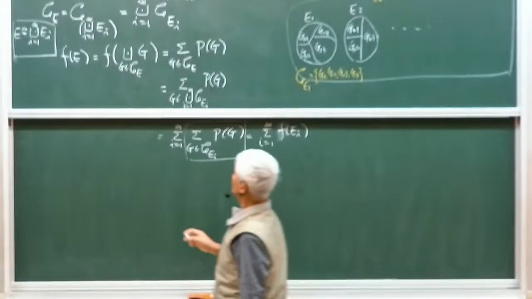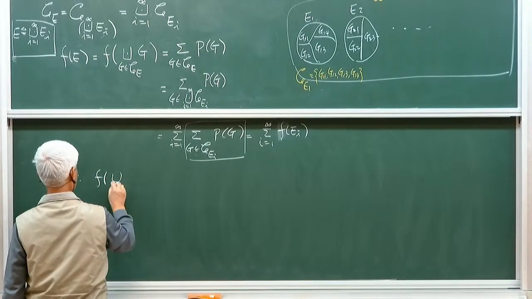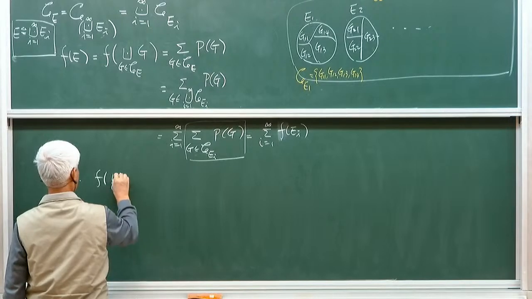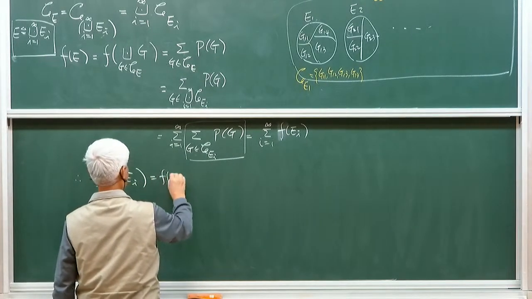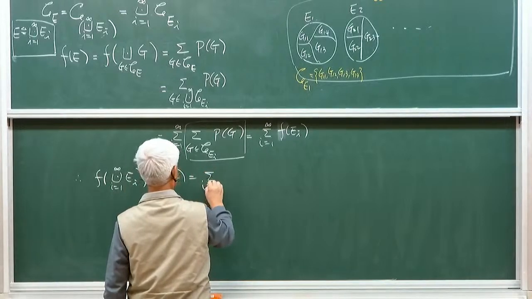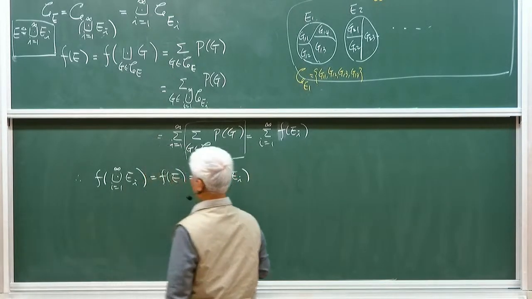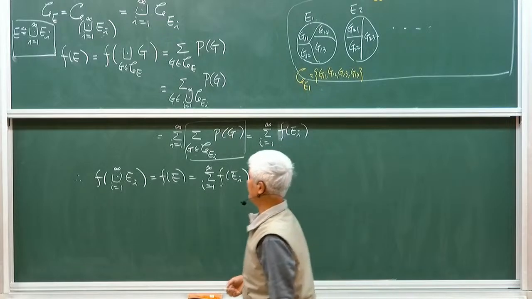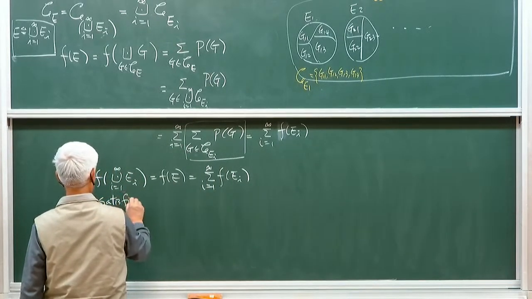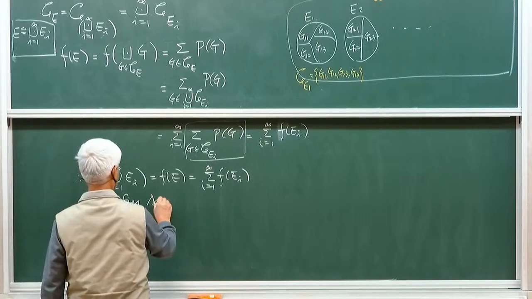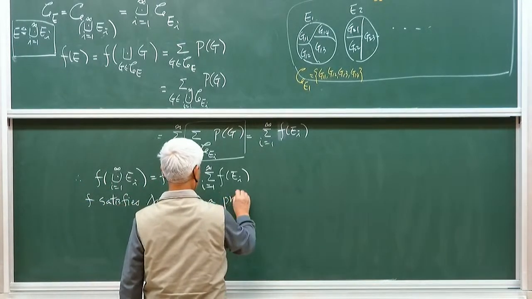So our conclusion is that F of the union, which is F of E, equals the sum of F of E sub I. So F satisfies axiom number 3 of a probability function.